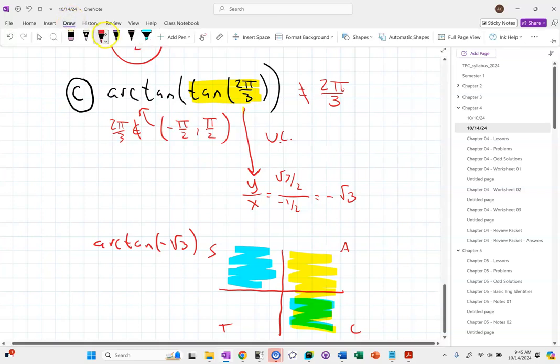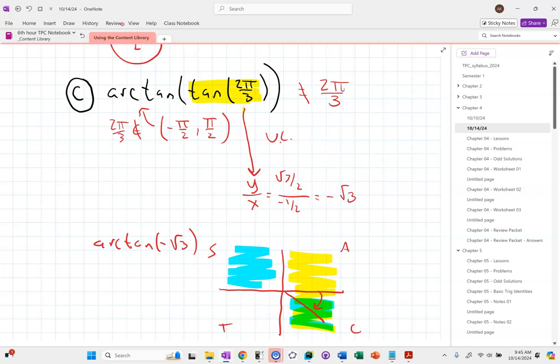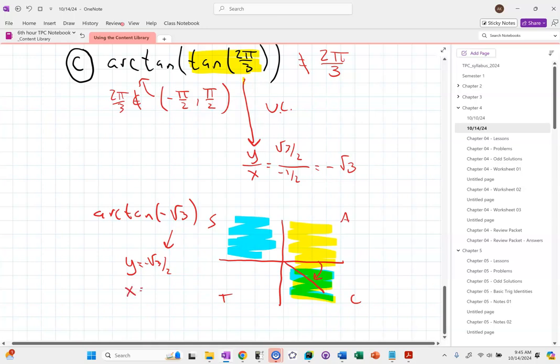So the answer I want is in quadrant 4. So I'm going to go and look for the place where my y coordinate is negative root 3 over 2, and my x coordinate is positive 1/2.